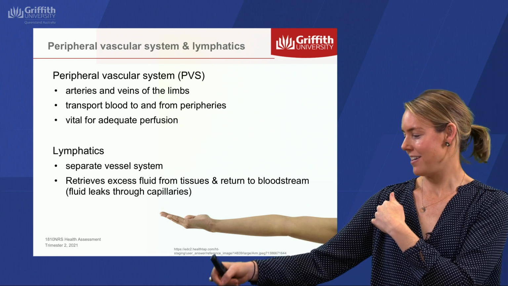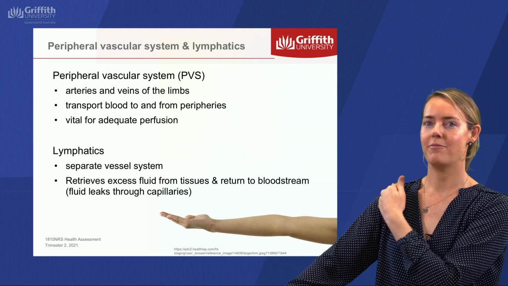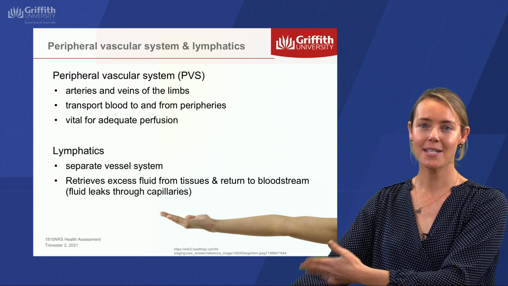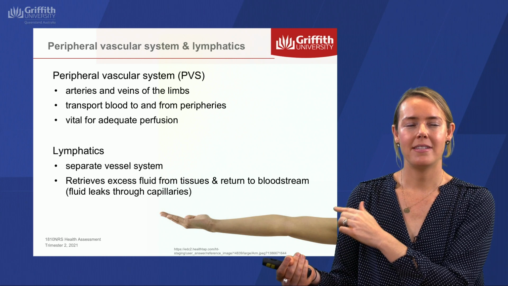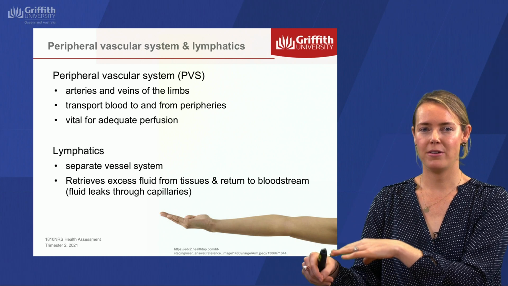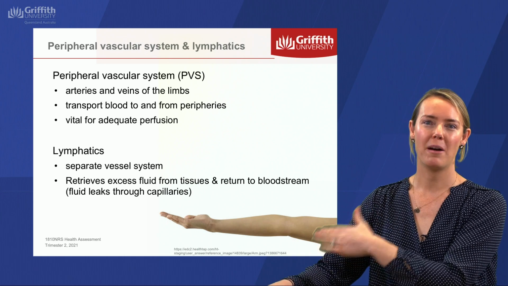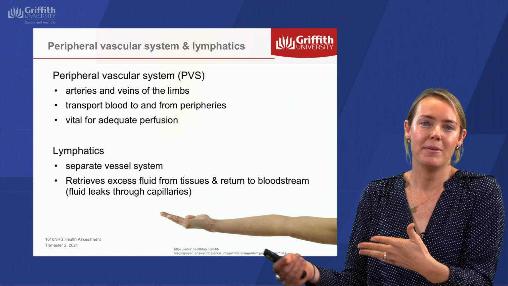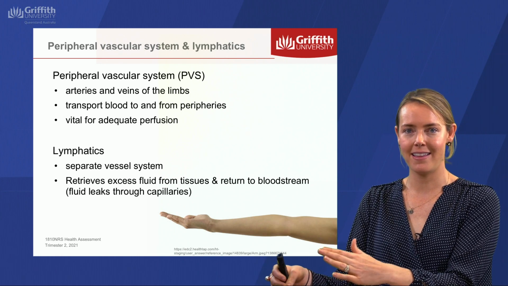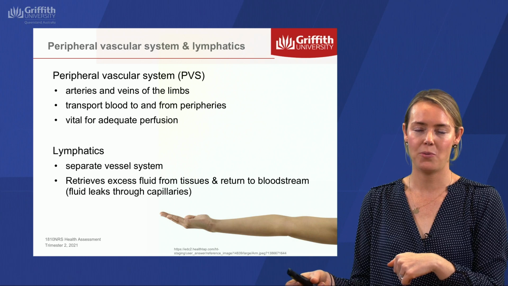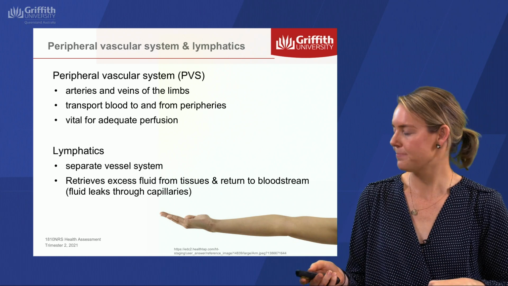And now all of a sudden, you haven't got an effective, normal functioning lymphatic system in that arm, right? So that person will often have to take very good care of that arm, because when it becomes compromised, the arm will become quite swollen or edematous. That's because there's all this excess fluid sitting in there that hasn't been returned back into our bloodstream, back into our arteries and veins.